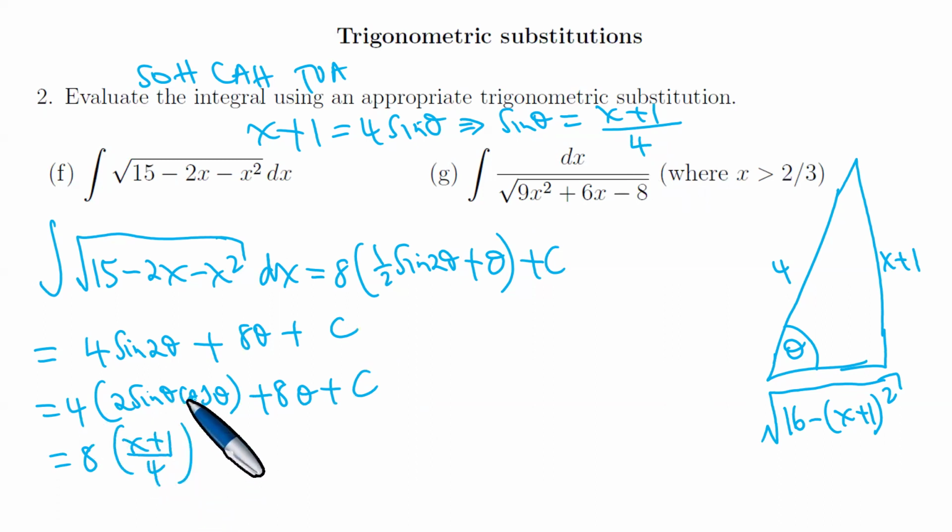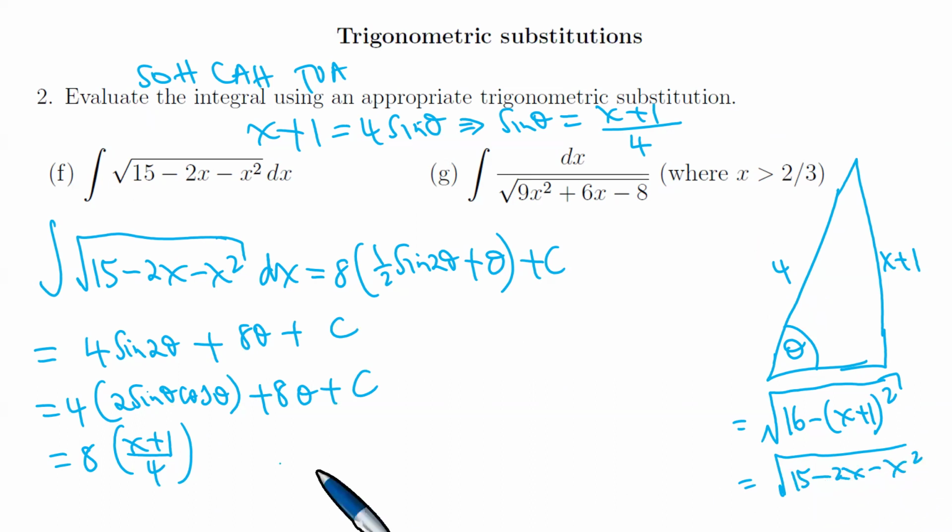Okay, and then we have cosine theta. What is cosine theta? We come to this triangle, and you get it from the triangle. In view of SOHCAHTOA, cosine is adjacent over hypotenuse. You have the triangle. Adjacent over hypotenuse is this one out of 4. But again, this thing here, you can even write it like this, because we've written it as 16 minus that, but we know that it is exactly the same as 15 minus double x minus x squared.